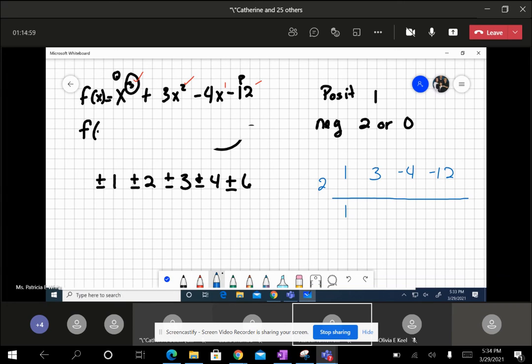Bring down that 1. 1 times 2 is 2, 3 plus 2 is 5. 5 times 2 gets me a 10. Now I have f of x is equal to x minus 2. Remember, we're dividing by a positive, so that's x minus 2 times x squared plus 5x plus 6.